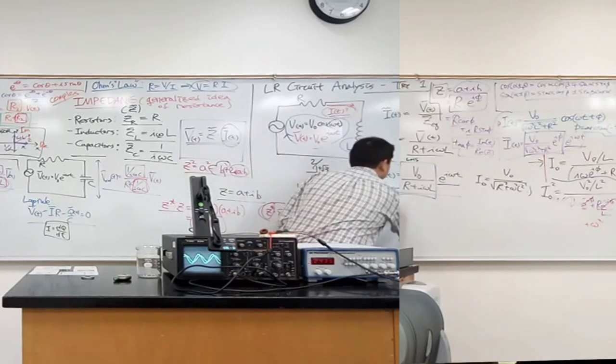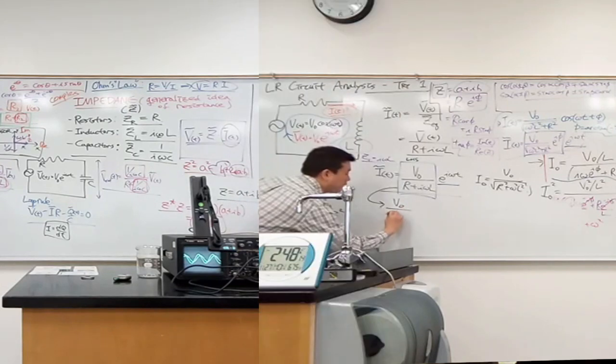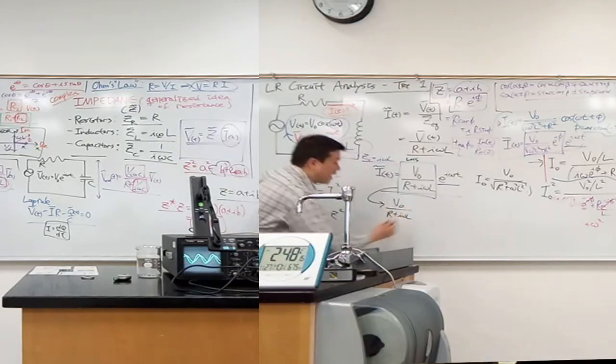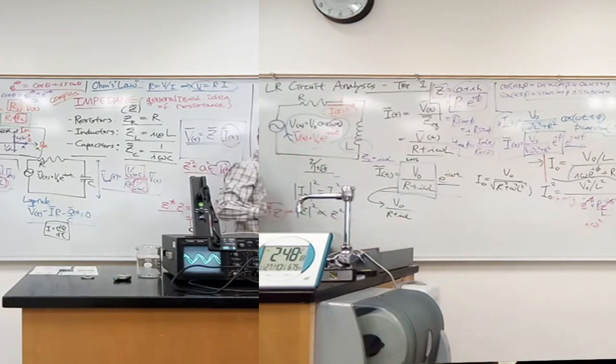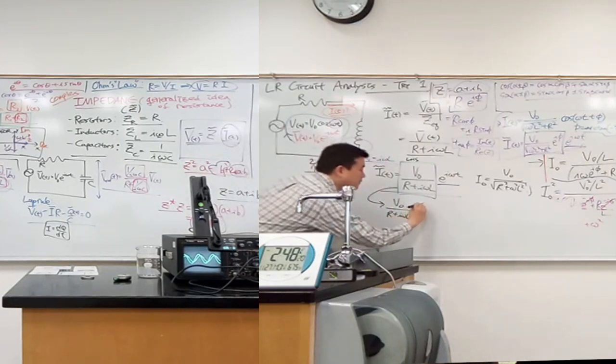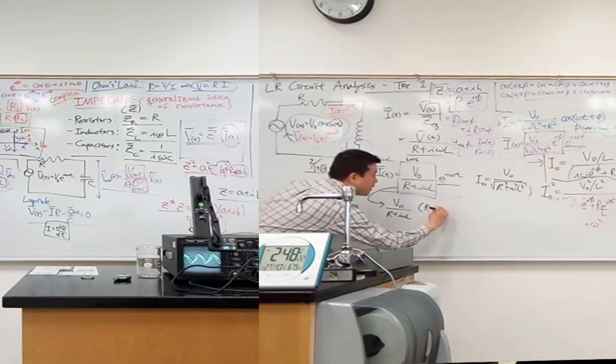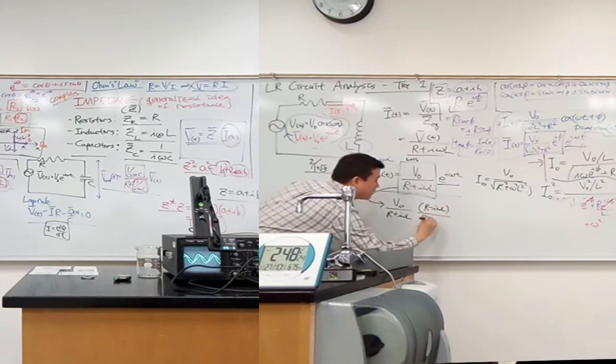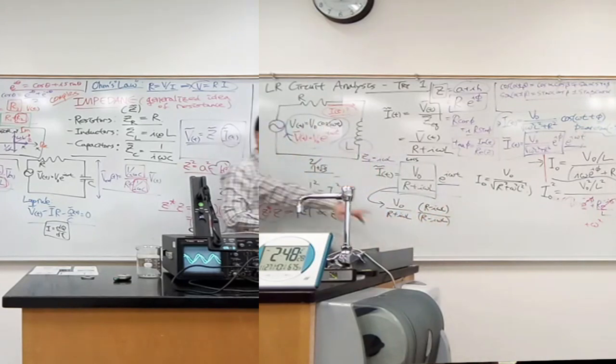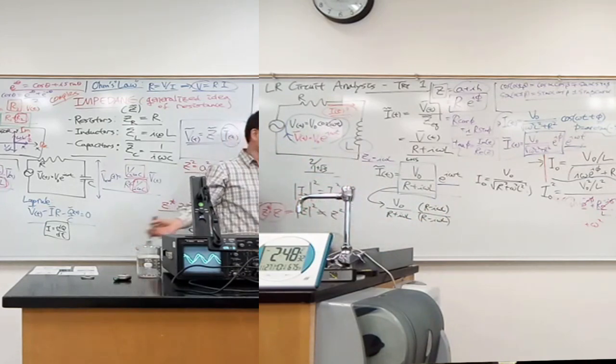So I say this is equal to V naught over R plus i omega L, times the complex conjugate, R minus i omega L divided by R minus i omega L. The point of the complex conjugate is that when multiplied to the original number, it'll get rid of the imaginary part.